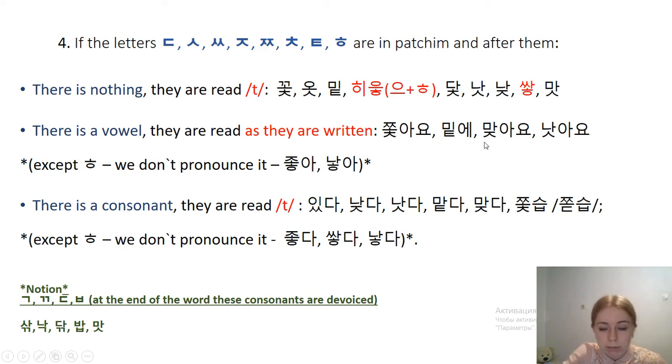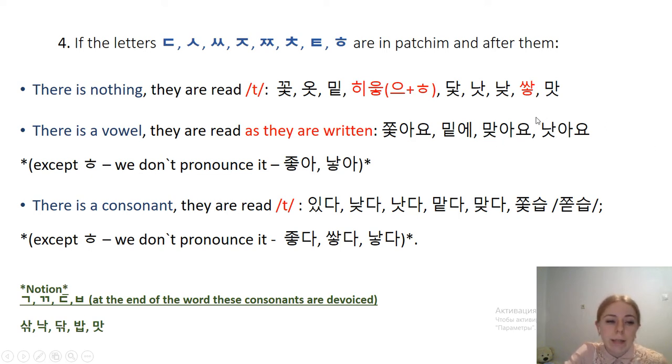Here it's j, 맞아요. Even though we read it like nat, not naj, because it's the end of the word, the end of the syllable. So here we read it like t, but here we read it like j, because there is the vowel after that. So it's j plus the vowel sound a. It's not the end of the syllable, so we read it like 맞아, 맞아요.